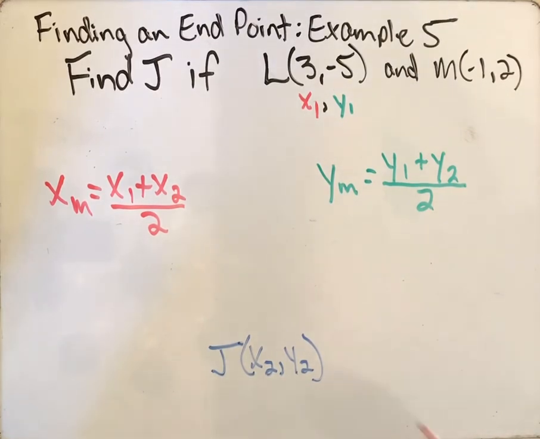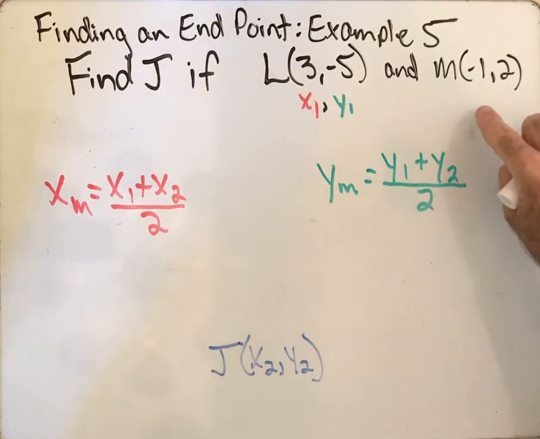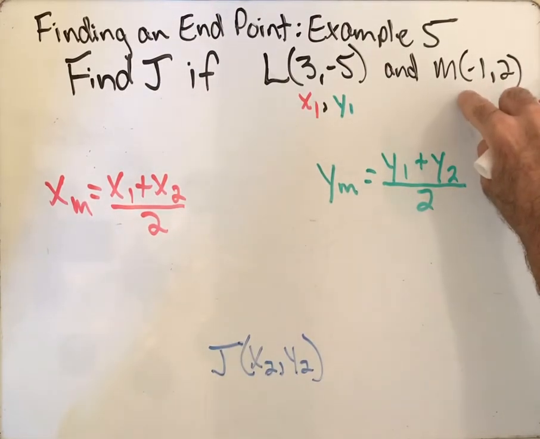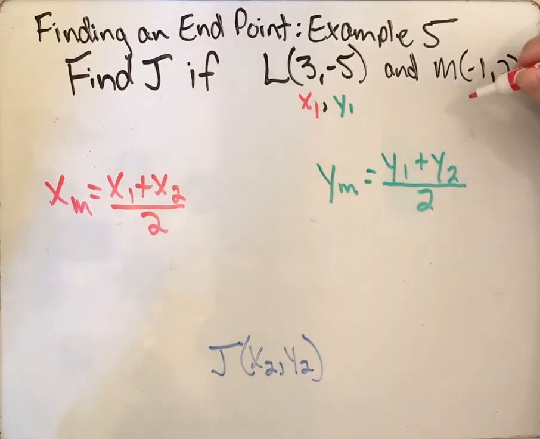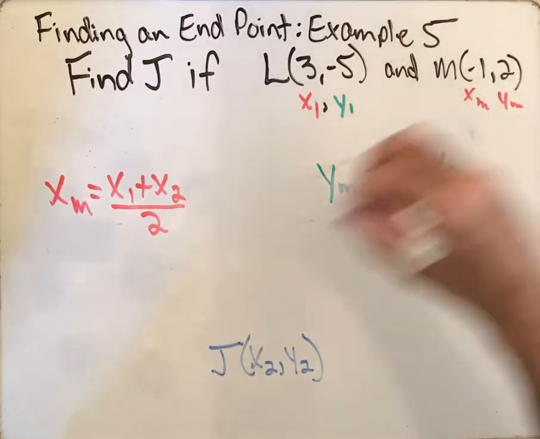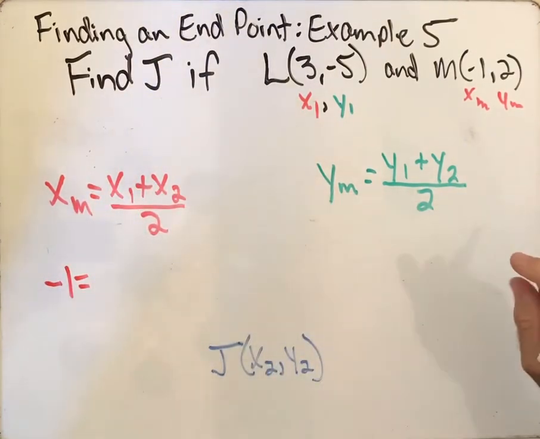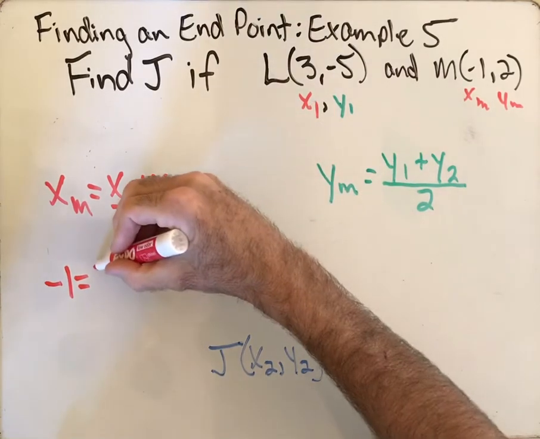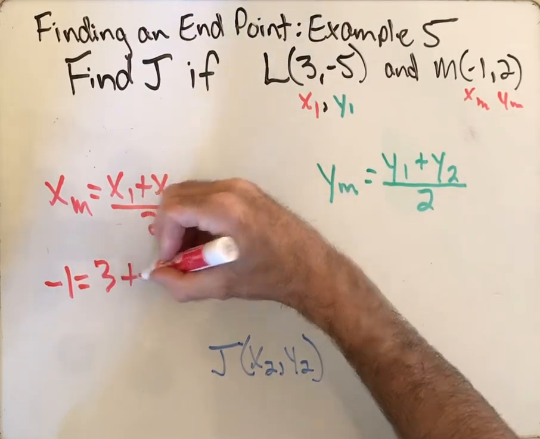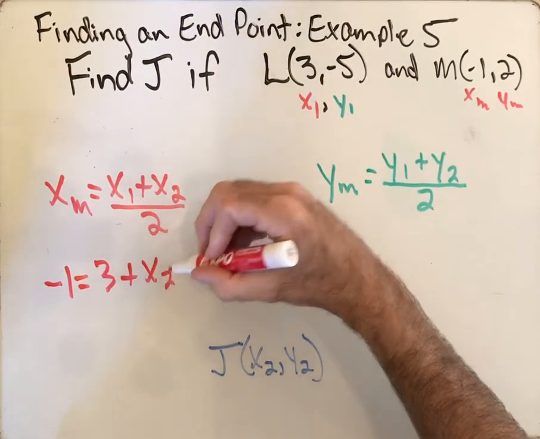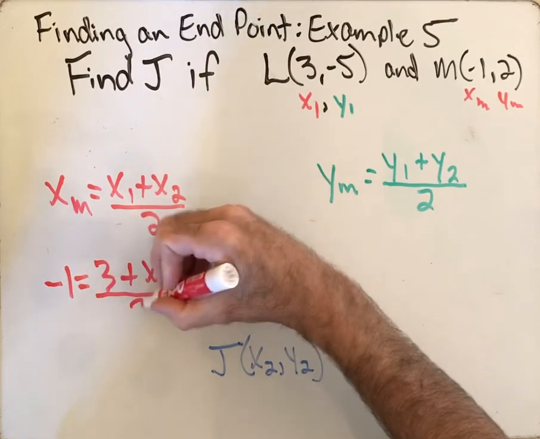But anyway, let's substitute in our midpoint. So that's -1, this is x sub m, and this is y sub m. We substitute in -1 equals (x sub 1, which is 3, plus x sub 2) all divided by 2.